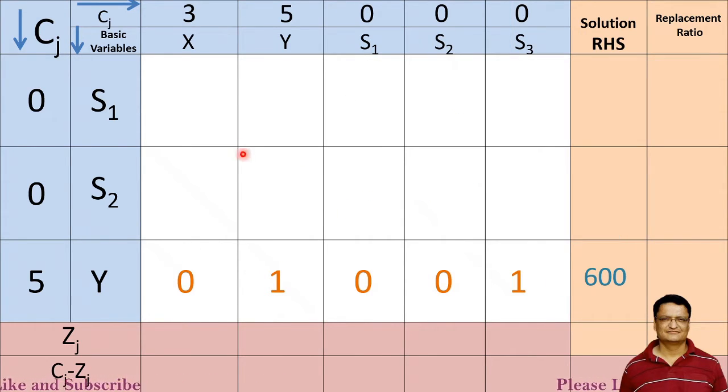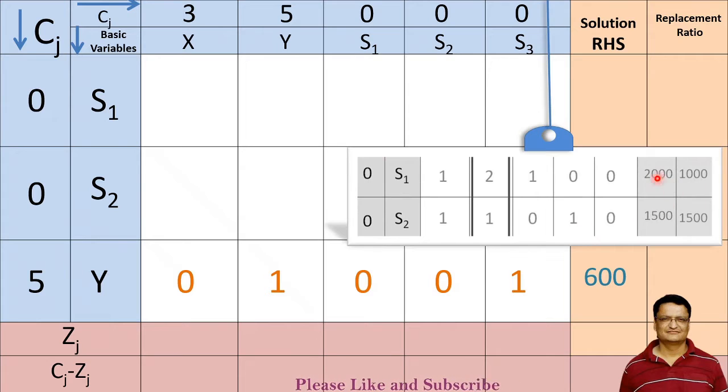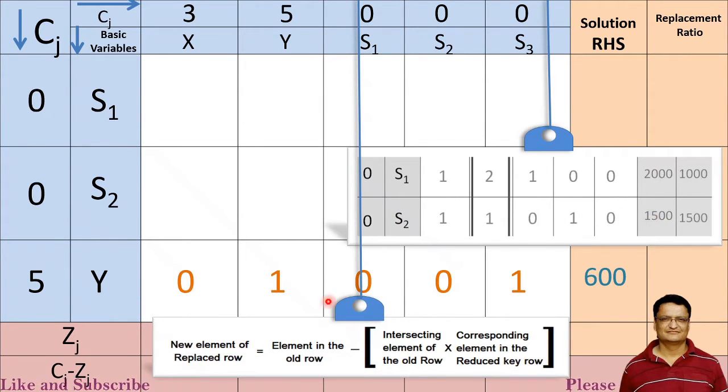Now to evaluate these two remaining cells, we have to use a different formula. Now these are the same rows from the previous table and we have to use this formula. The new element of the replaced row is given by the element in the old row, so the element in the old row that we take as reference, minus the intersecting element of the old row.